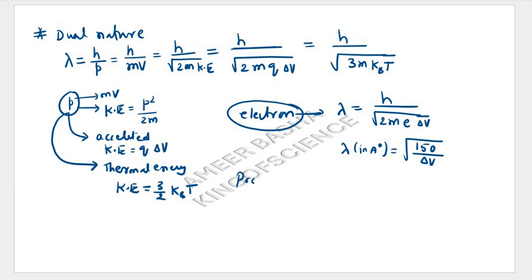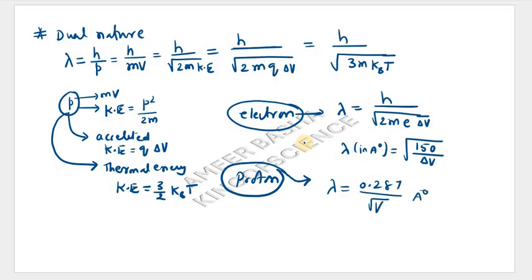Similarly for proton, the value of lambda is given by 0.287 divided by root V, in angstroms of course. Root V, in the sense, V is the potential difference.